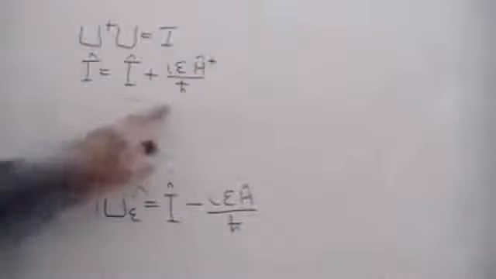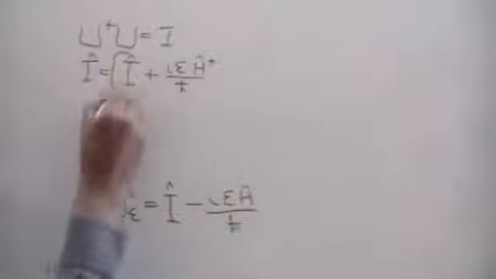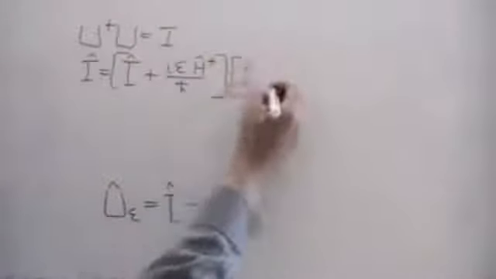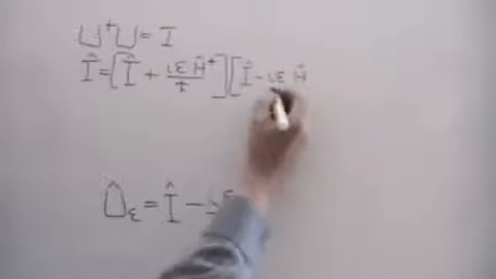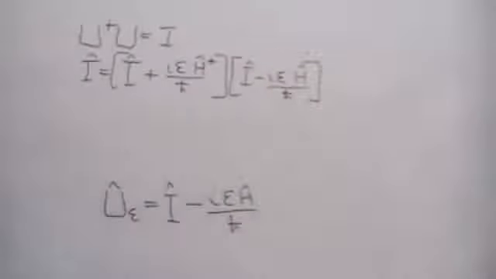So that is essentially u dagger, this term here. And that we've got to multiply by u, which is simply just this term straight. I minus i epsilon h hat. But no dagger, of course, because it no longer has to be complex conjugated.